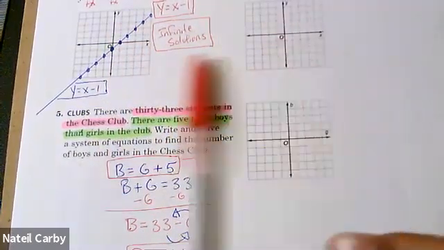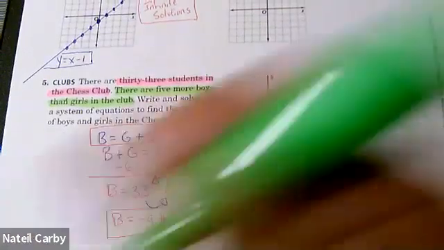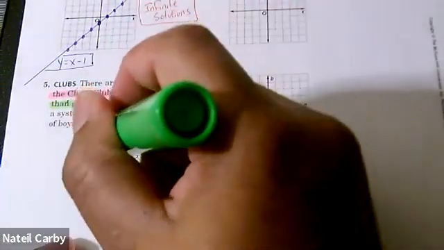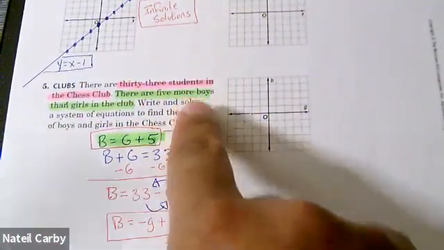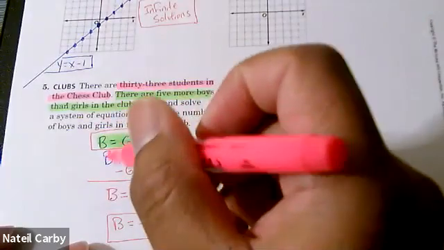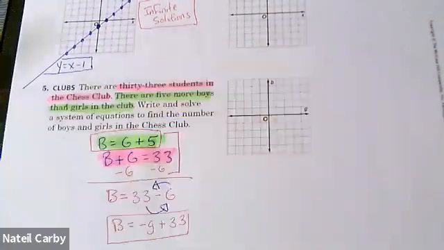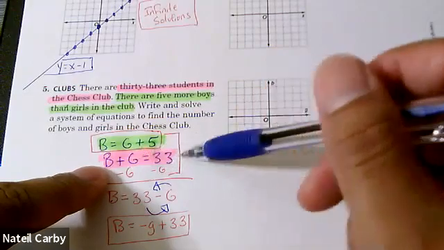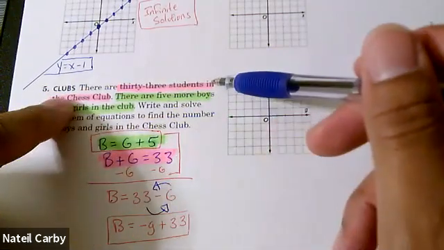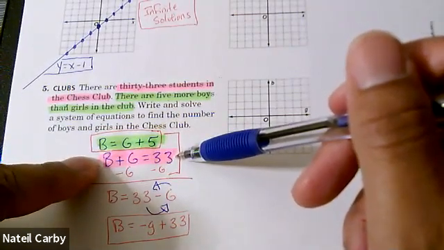These are my two equations. Again, how do we do that? 5 more boys than girls in the club. That's how I got B equals G plus 5. 33 students in the club. My boys plus my girls is equal to 33. That's how I did that. This equation, I needed in slope intercept.